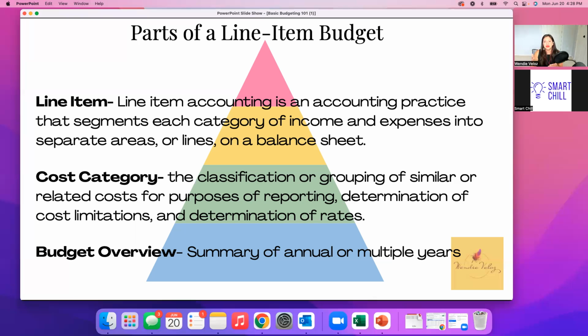The overview might give you the summary for an annual budget, like the 1 year that we're talking about today. And you might be able to take a summary and pull them all together and have a summary of multiple years. So a budget overview usually has a summary section where you're looking at, from a larger perspective, say all of the budget for 1 year or all of the budget for several years for one particular activity, service, or program.